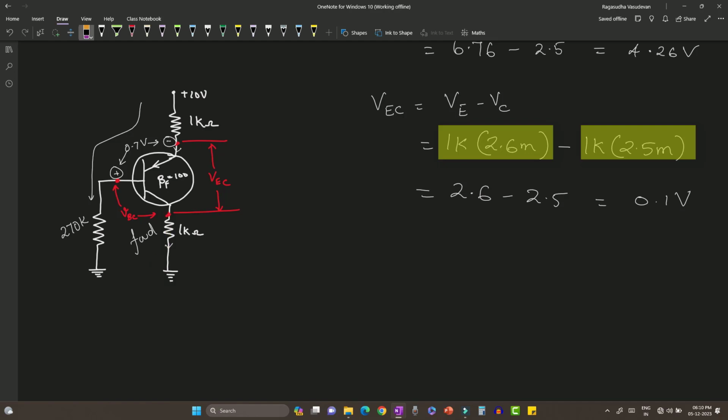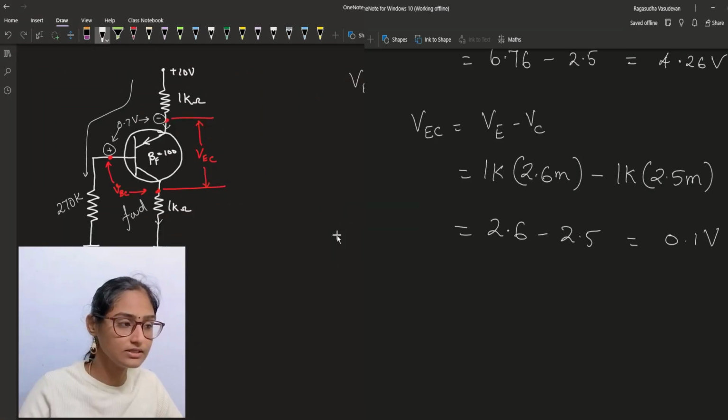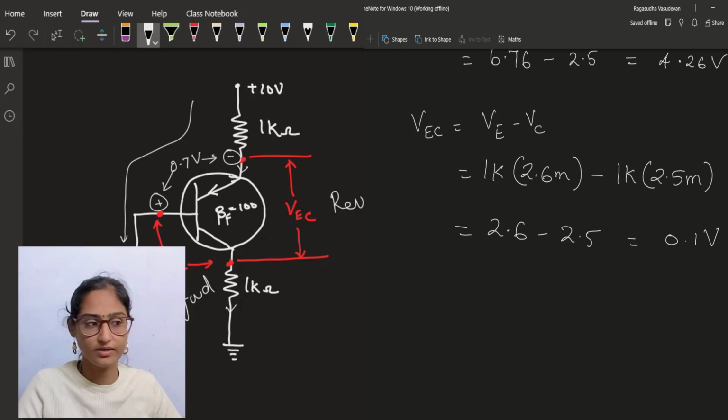So this will be 2.6 volt minus 2.5 volt. Okay, so this region is forward biased and this is reverse biased. Hence, this transistor operates in the forward active region.